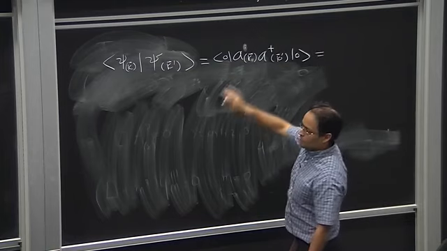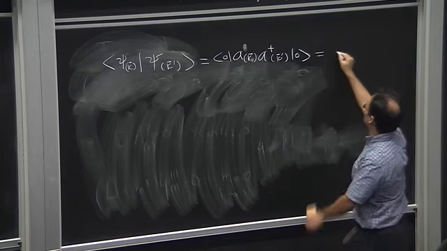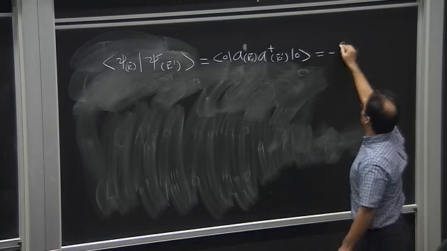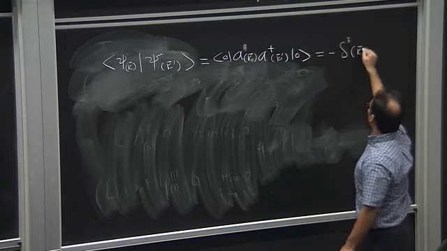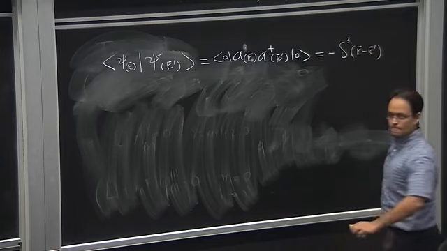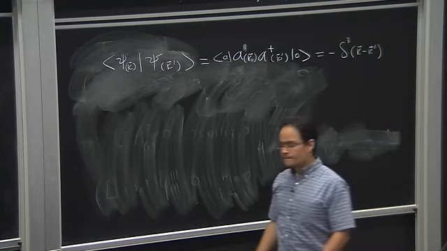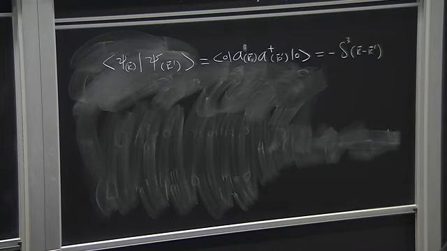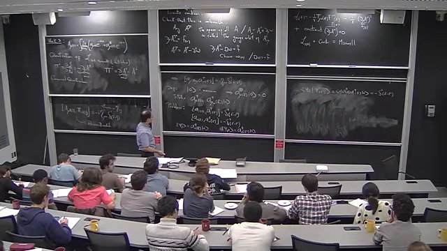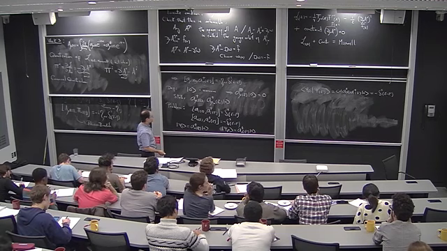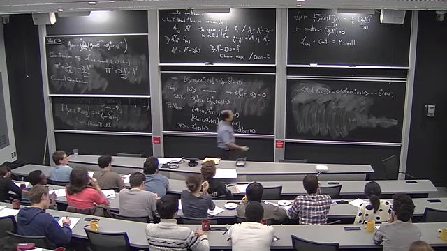Now we use the commutation relation that we have over there, and we get minus delta 3 K minus K prime. Sorry, here. Is that okay now? So you should have zeros on this expression as well. Yes, sorry.